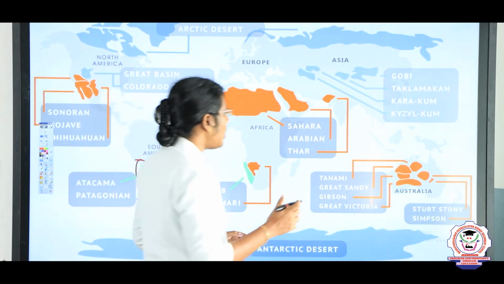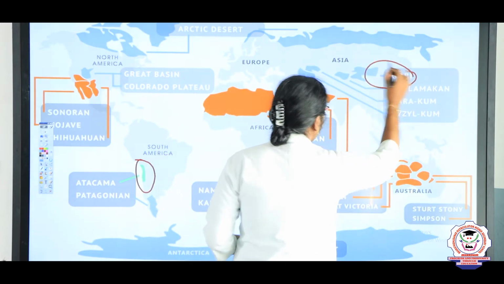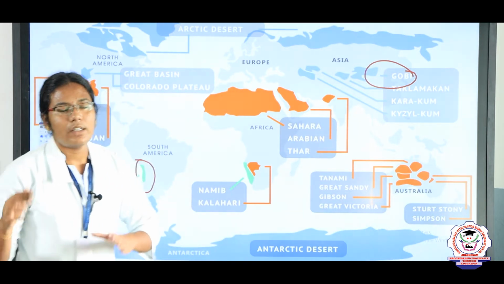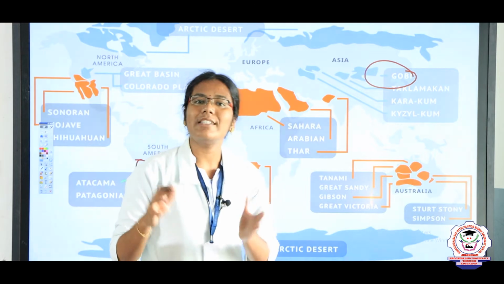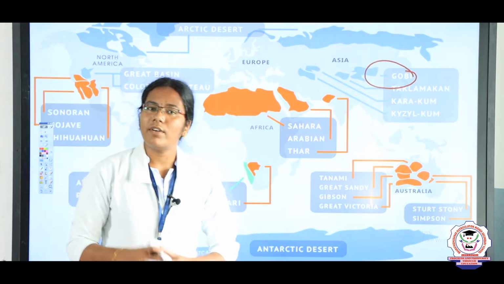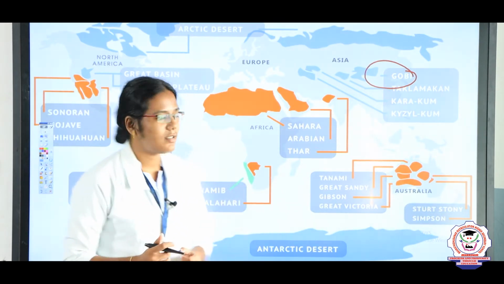The world's coldest desert is said to be the Gobi desert. So in our world there are cold deserts as well as hot deserts.